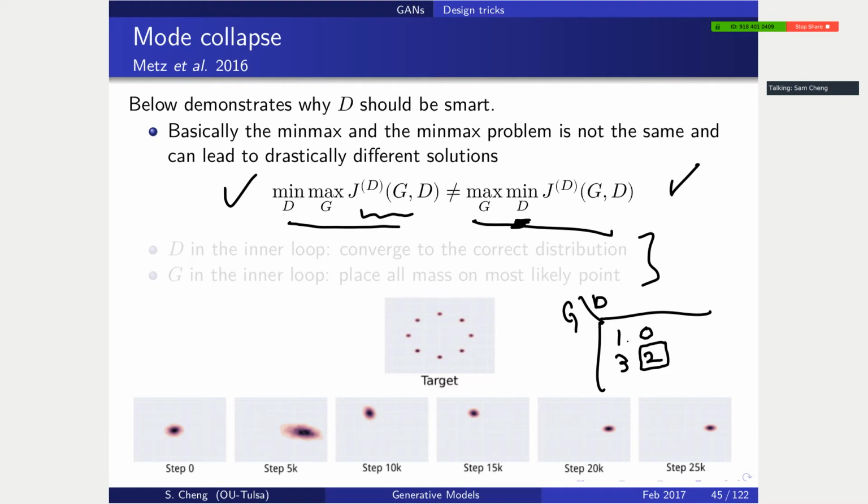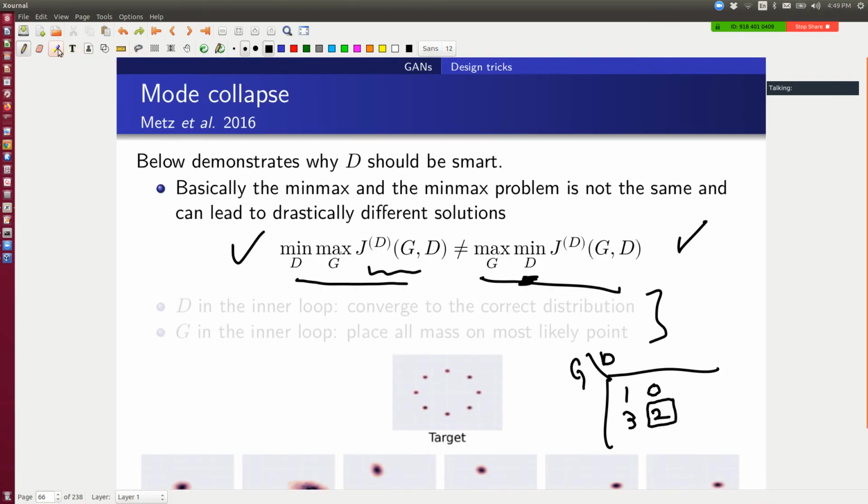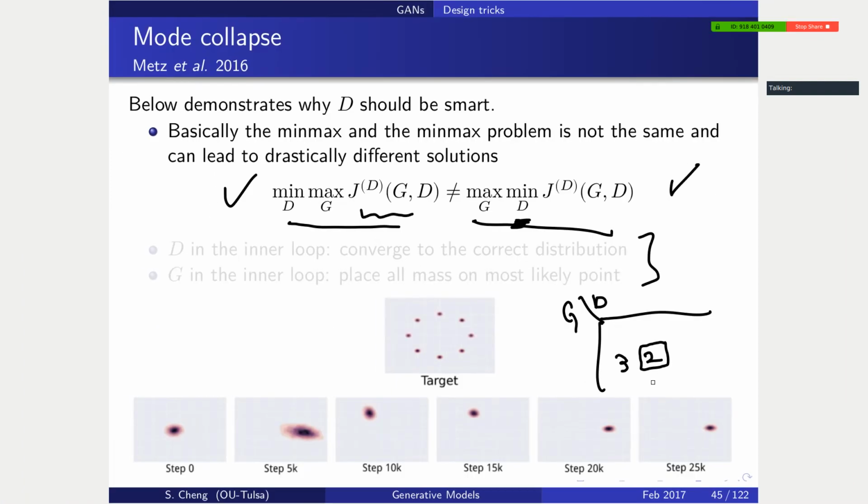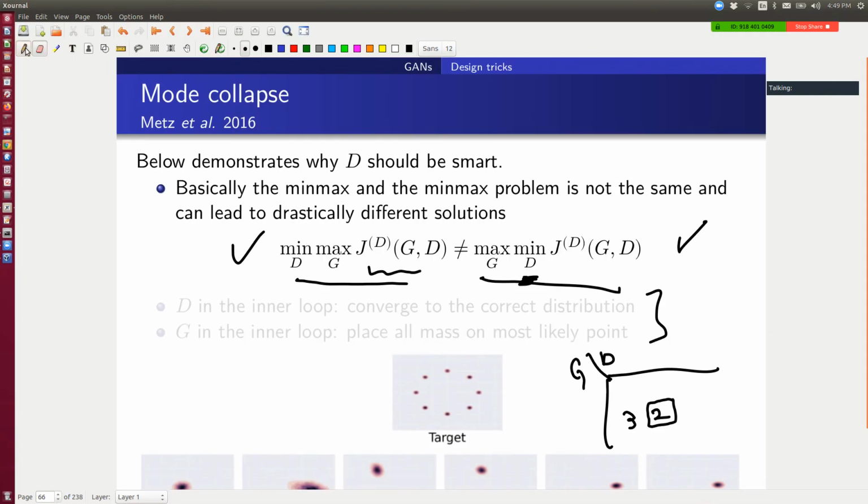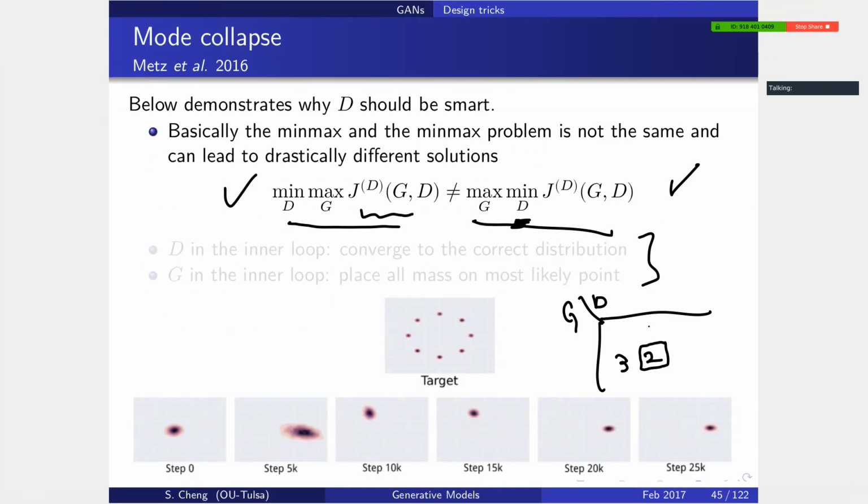If I minimize first, I'll pick this one. Oh, actually, in both cases I will pick the same one. Maybe I should swap something here. How about this?